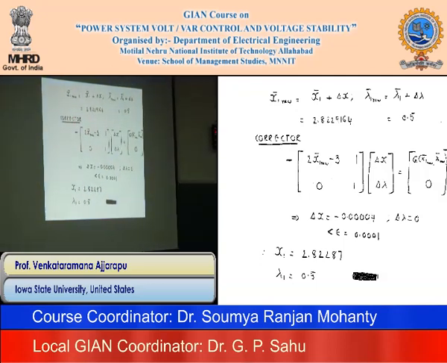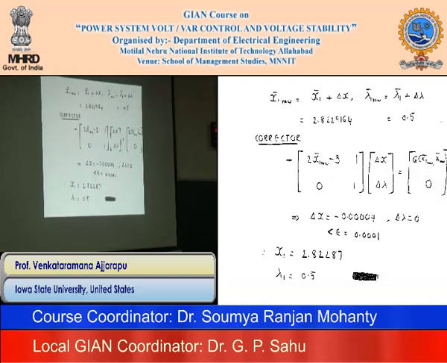And then solve for delta x. Delta x is this. Delta lambda is 0. Actually, you can also put a limit on delta x. Delta x is almost close to 0. And so your x1 is, so then you have a converged solution.